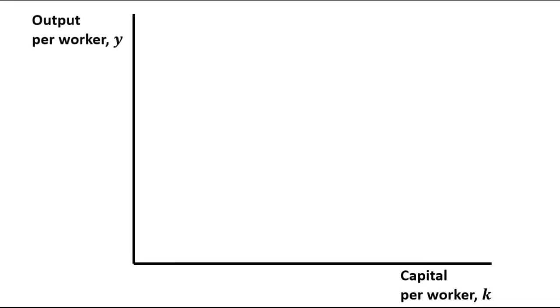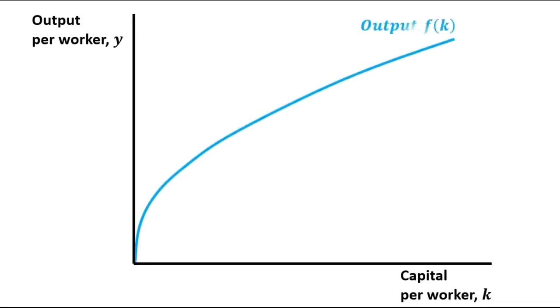Here we have two axes. On the horizontal axis we take capital per worker, small k, and on the vertical axis output per worker, denoted by small y. And this is our production function, denoted by f(k), which is equal to y, that is output per worker.